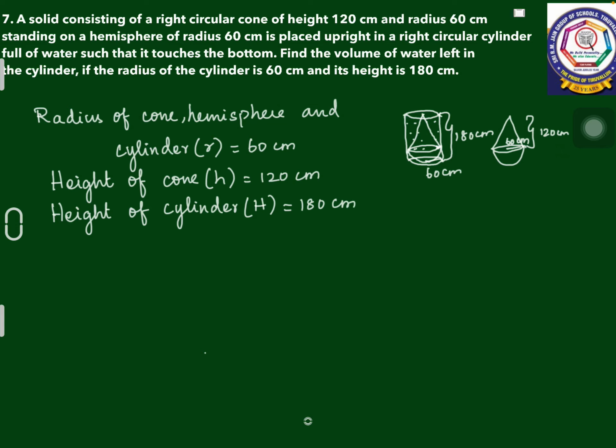Now we need to find the volume of water left in the cylinder. So volume of water left in the cylinder is nothing but volume of the cylinder minus volume of the solid.